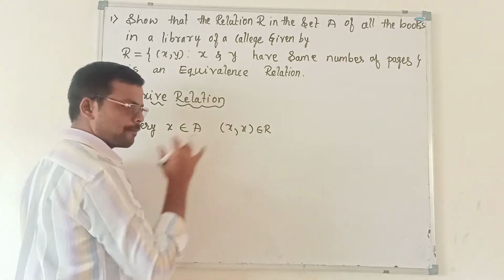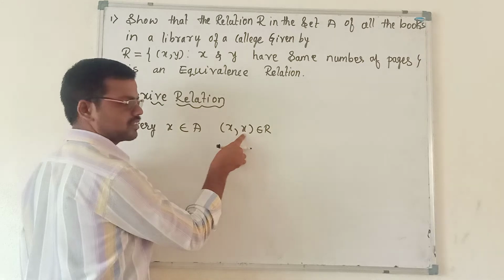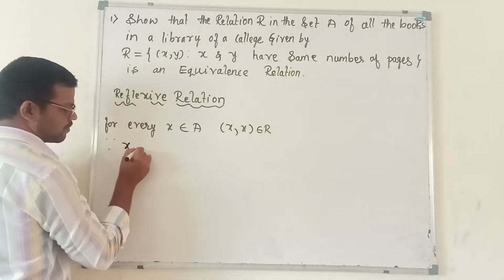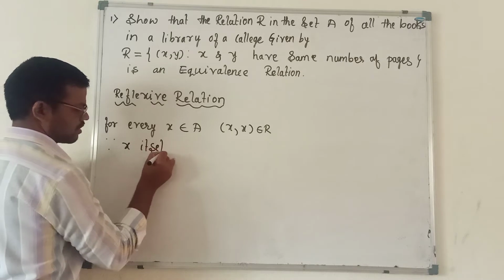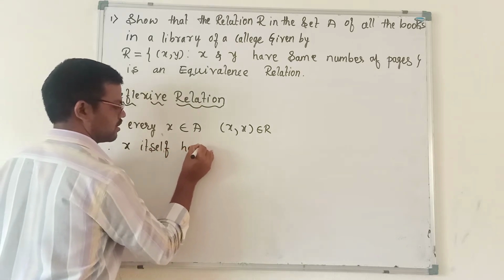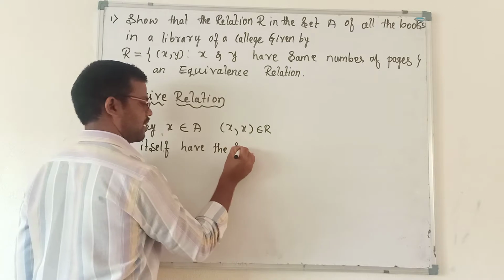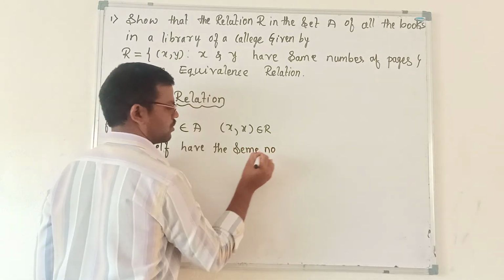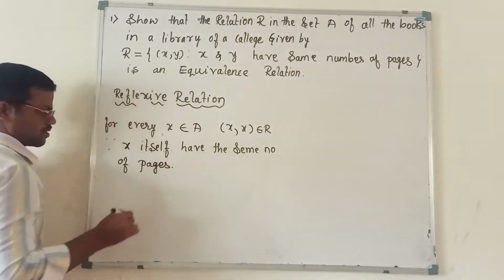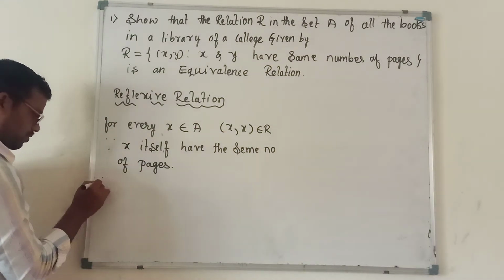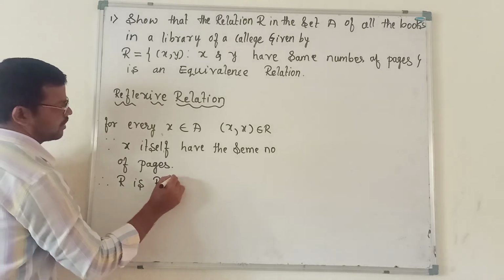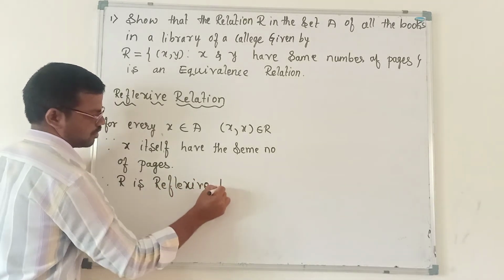So (x, x) belongs to R because x itself has the same number of pages. Therefore, R is a reflexive relation.